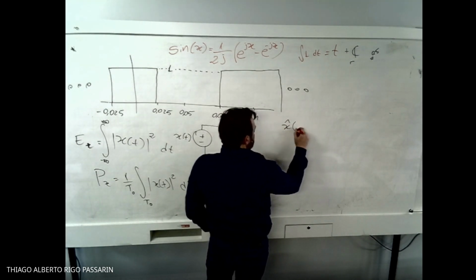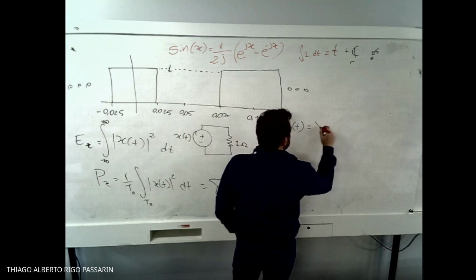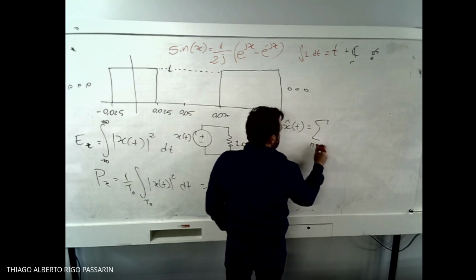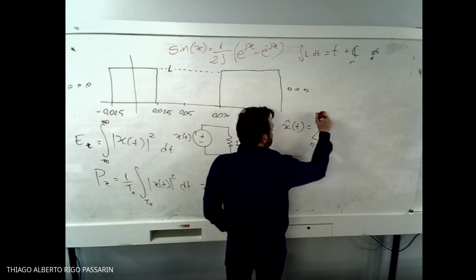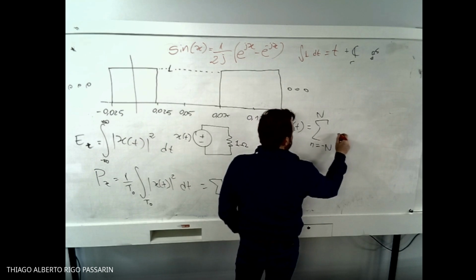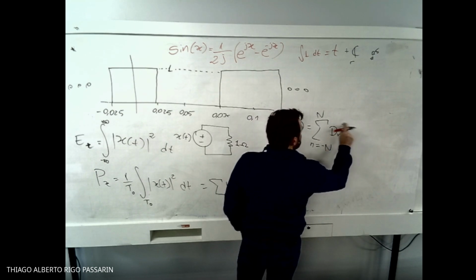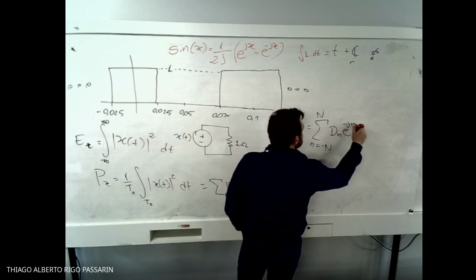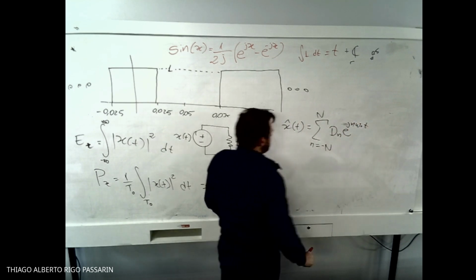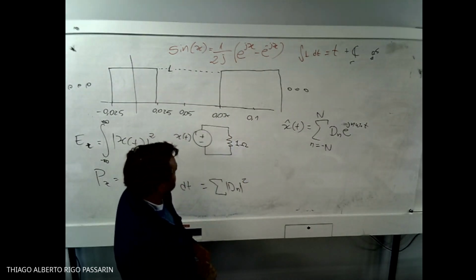So I'm doing an approximation, x hat, which goes from minus big N to plus big N. So how close is this approximation to the actual signal?